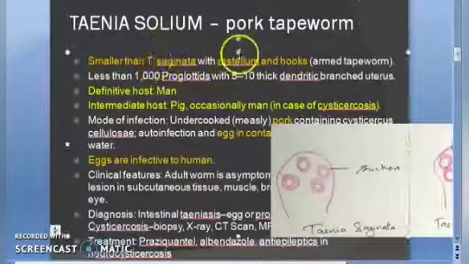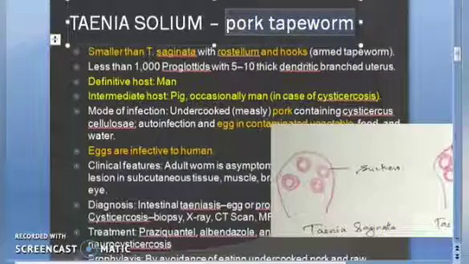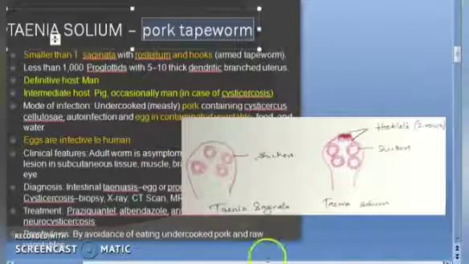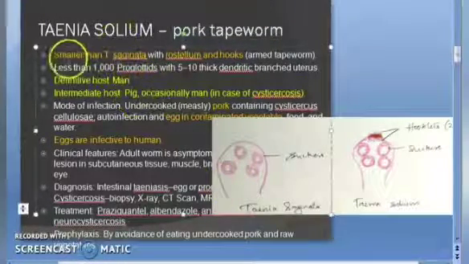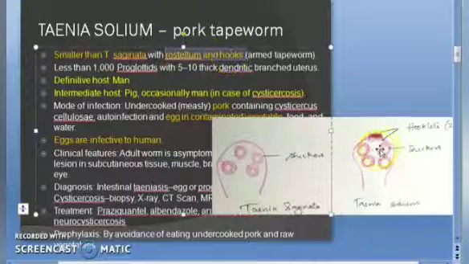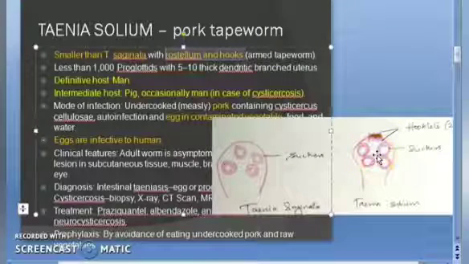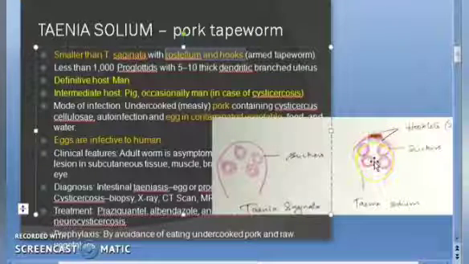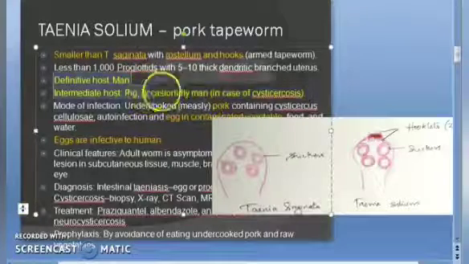Taenia solium is called pork tapeworm because it comes from undercooked infected pork, which comes from pigs. Taenia solium are smaller than Taenia saginata. They have rostellum and hooks, so they are called armed tapeworm. Though they are small, they are armed. They have a lesser number of proglottids. The definitive host again is man, the intermediate host is pig.